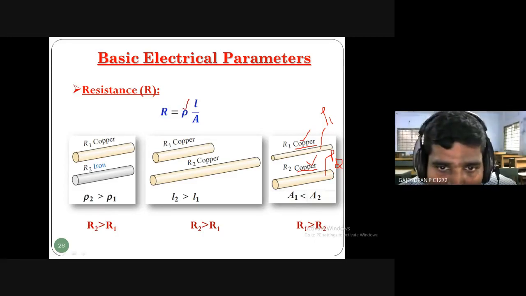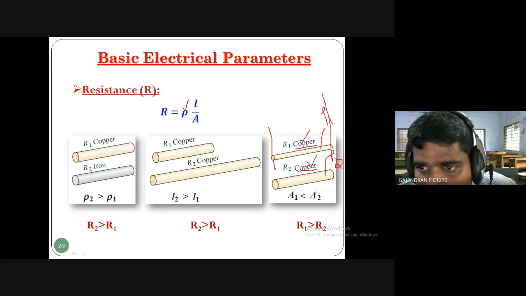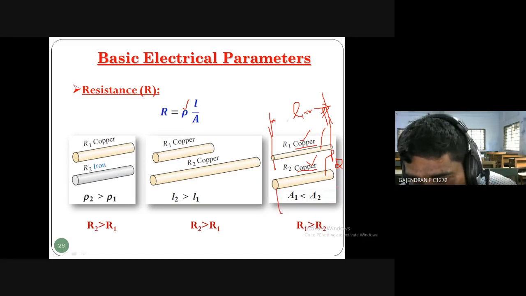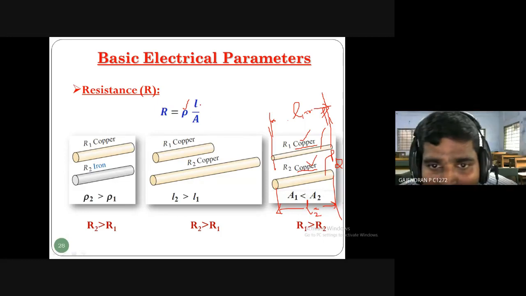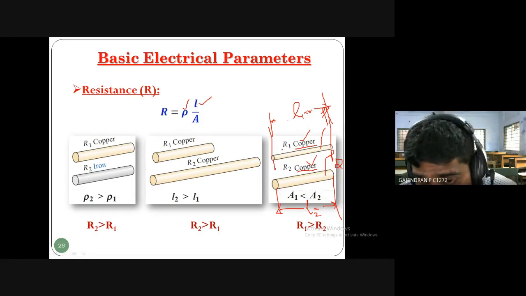Then length of the material. L1 is equal to 10 centimeter, this is also 10 centimeter, this is also 10 centimeter. So based on length, nothing is going to happen. Only the notable difference in these two images is the cross-sectional area.